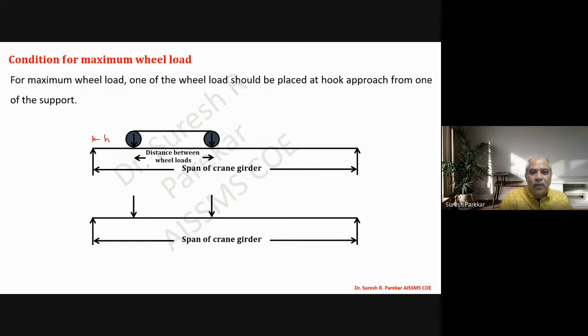You have to put one of the wheels at hook approach and the second at a distance, whatever you have between wheel loads. This HA gives me the maximum value of reaction RA, and this RA will be carried by two wheels, and therefore we are going to get wheel load equal to RA by 2.